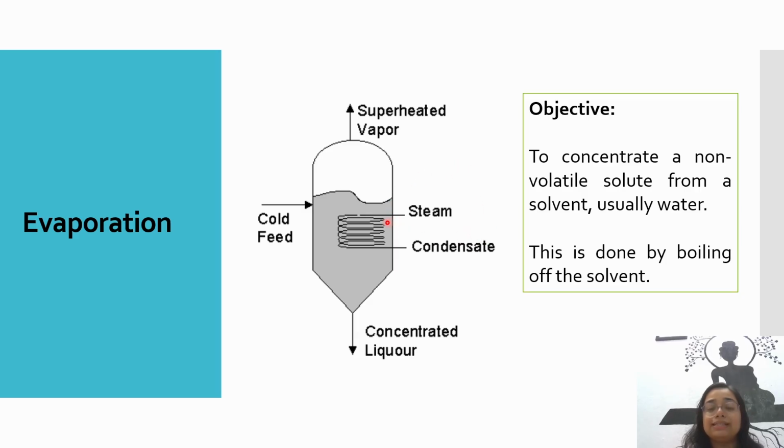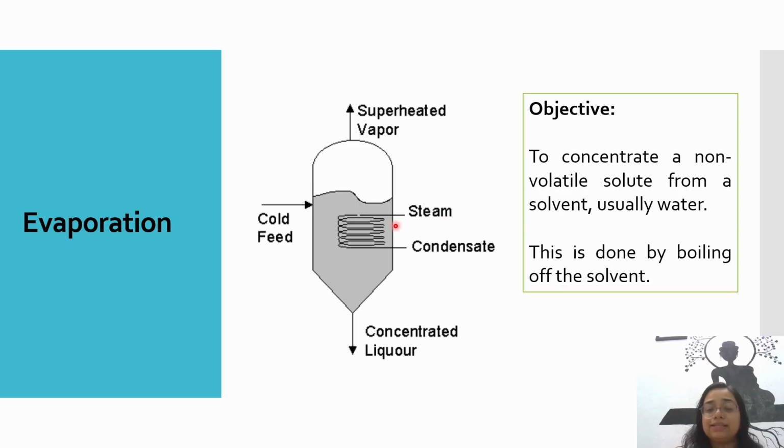Because steam will lose its heat, mainly the latent heat in most cases, and that latent heat will be consumed by the cold feed to increase its temperature to the boiling point. When it reaches that, the boiling of this feed will take place, and ultimately the water will be vaporized into water vapor, and it will be collected from the top of the evaporator.